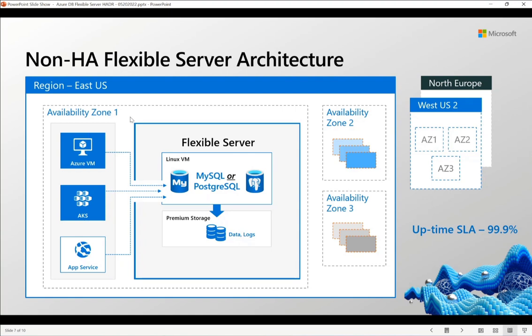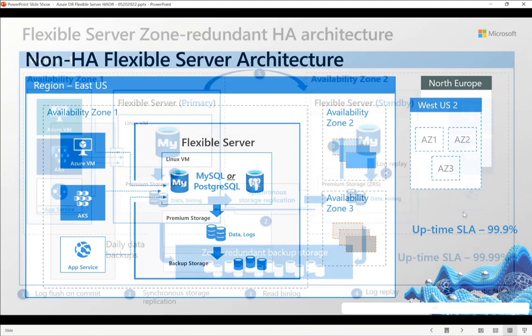So with this architecture, you can ensure your application and database instances are deployed in the same zone, and that will minimize the network latency and give you the best performance experience. So that's the no HA architecture. And with this no HA architecture, we guarantee up to a 99.9% uptime SLA.